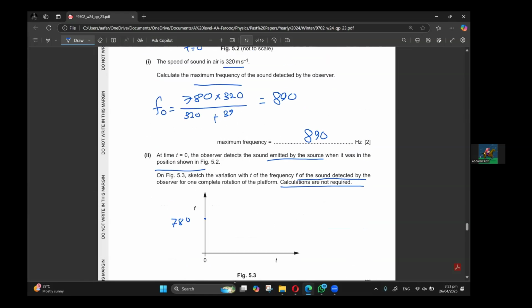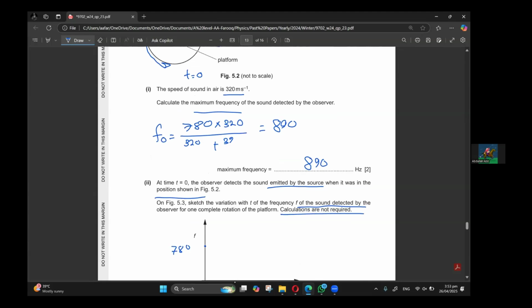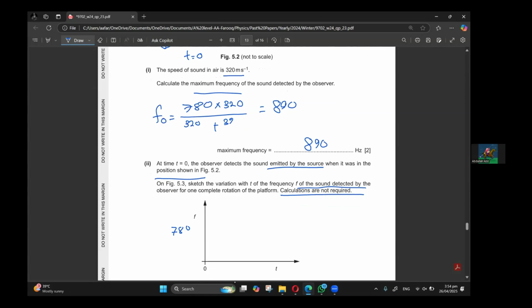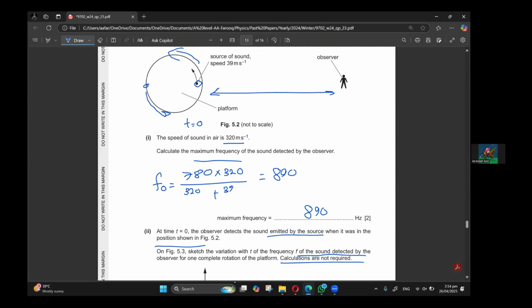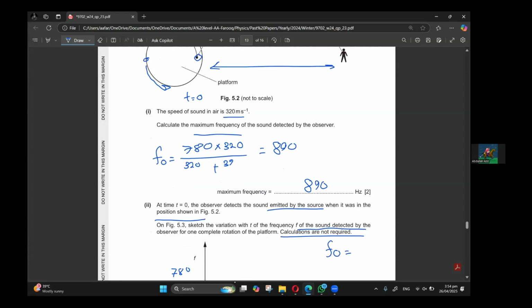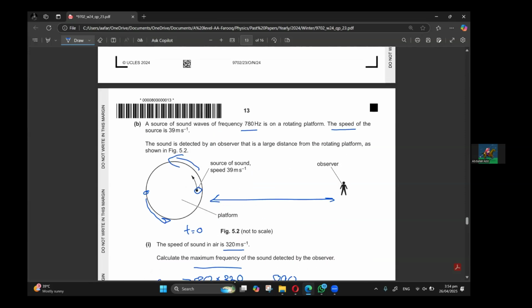This is initial frequency. Large distance.